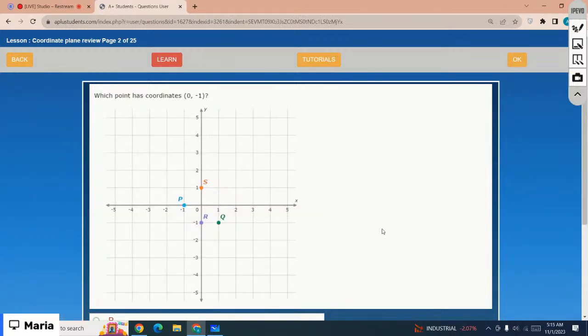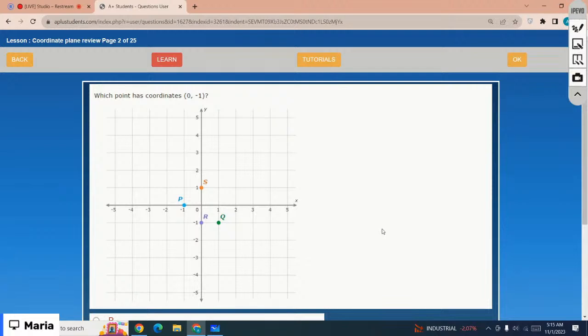Okay, which point has a coordinate 0 and -1? Which is the correct option? Okay, 0 and -1.